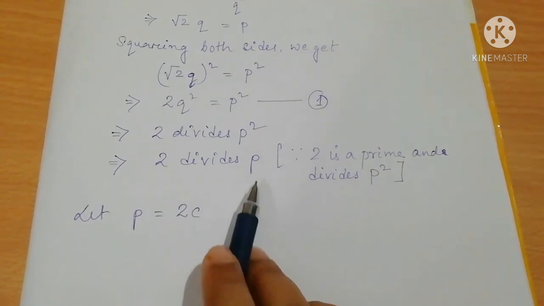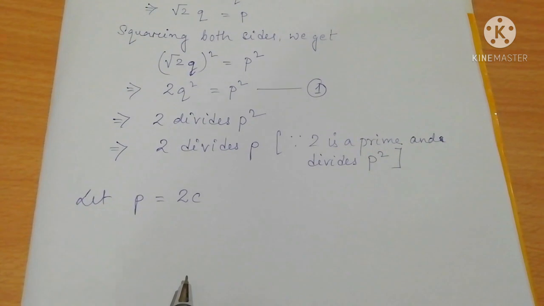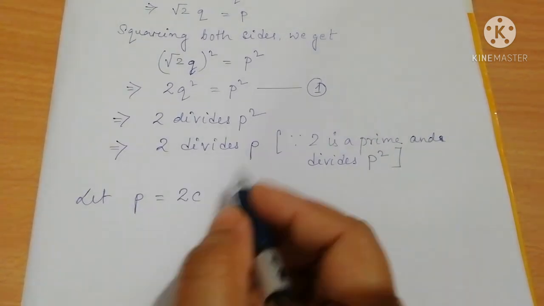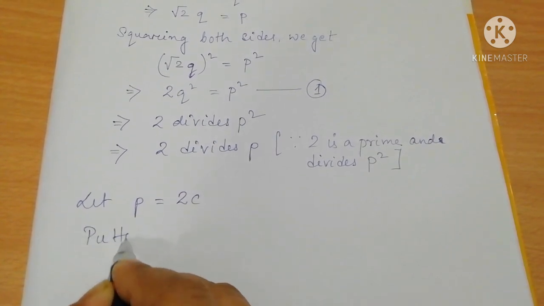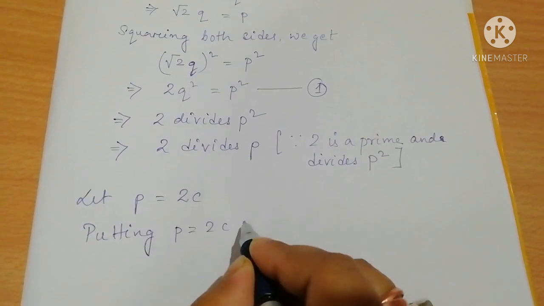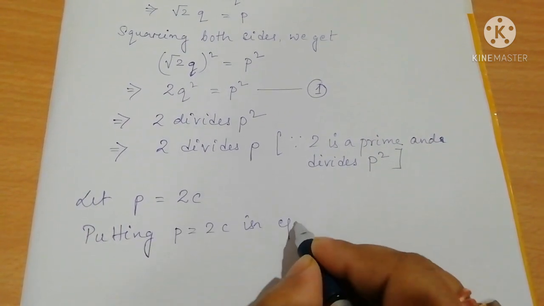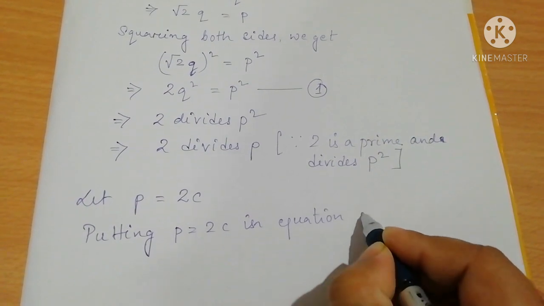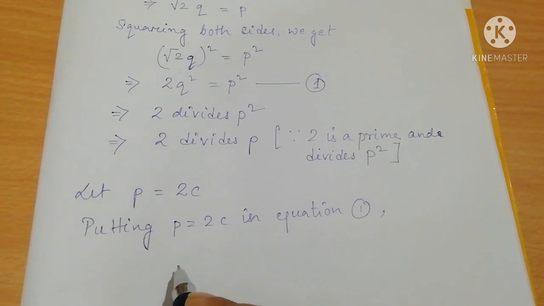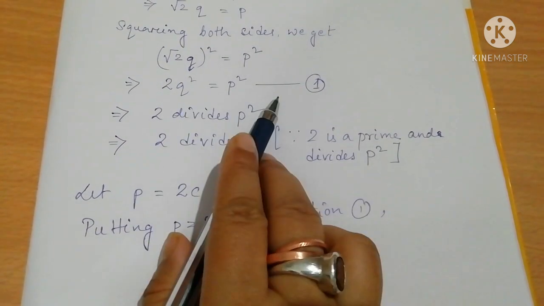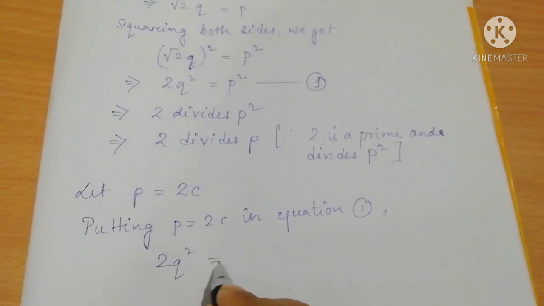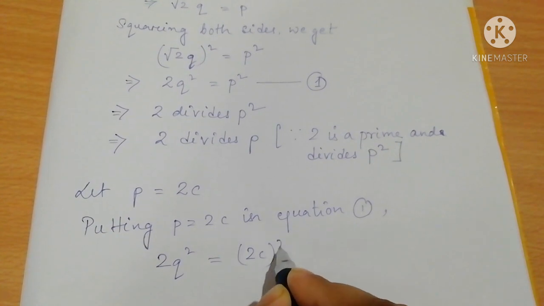Putting p equal to 2c in equation 1, we get 2q square is equal to 2c whole square.